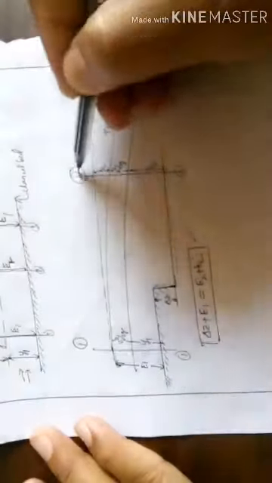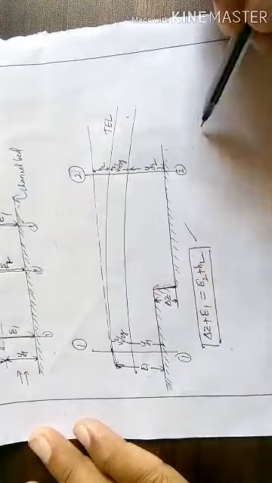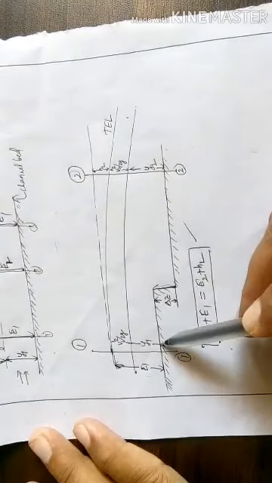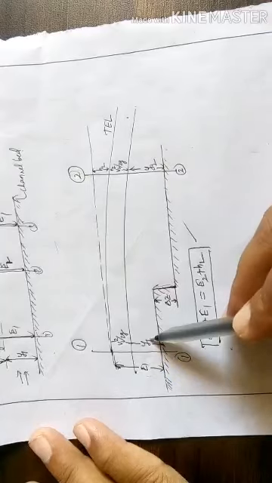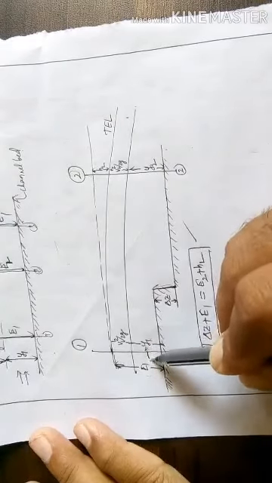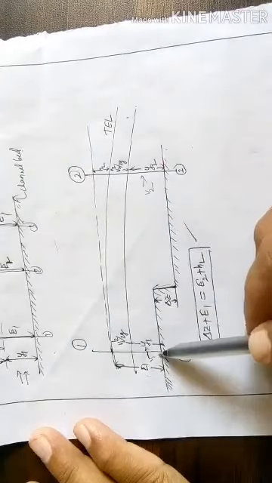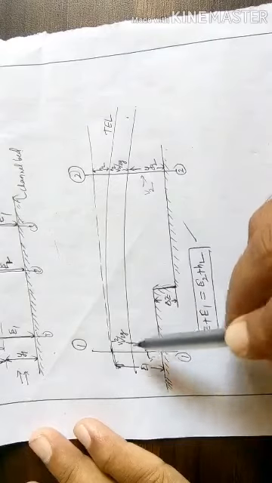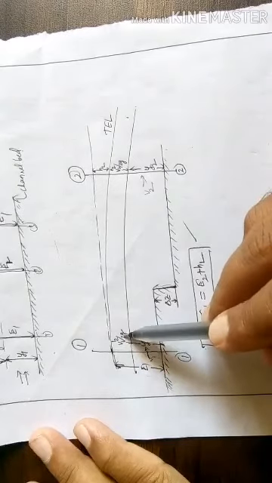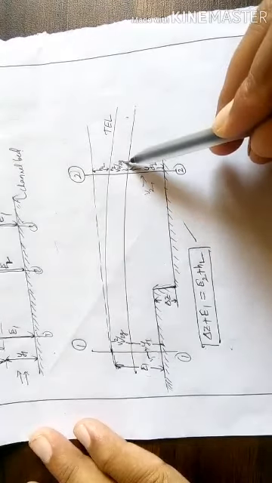Let us consider this section 1-1 and this section 2-2. Let us mark the depth of flow in the channel as y1. Since it has a velocity at section 1, that is v1, here the velocity will be v2. Because of having a velocity, it will experience a velocity head, that is v1 square by 2g, and again v2 square by 2g here.